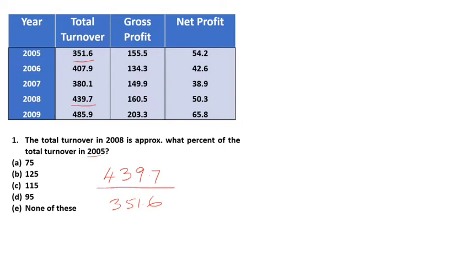So we can divide this and multiply it by 100. Simple way you can calculate it. Now the approximate value only we need to find out here. So this 439, let me take it as 440, and this 351.6, let me take it as approximately 350, multiplied by 100.